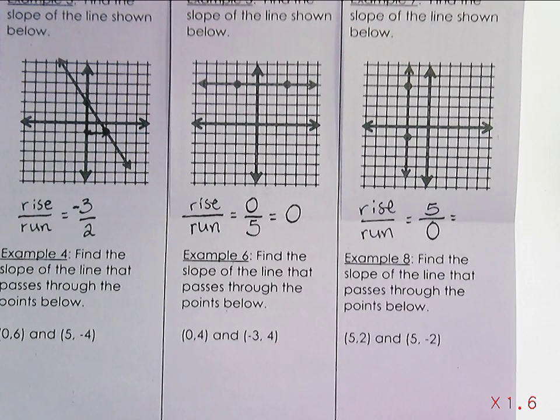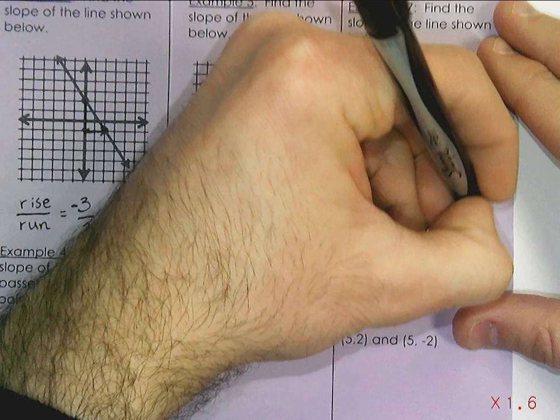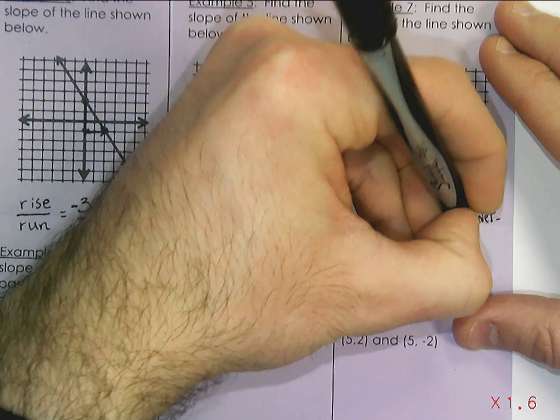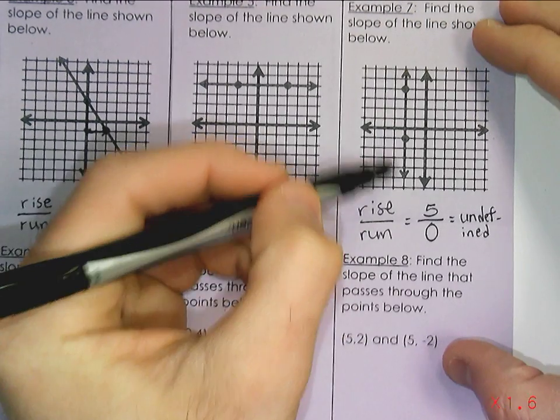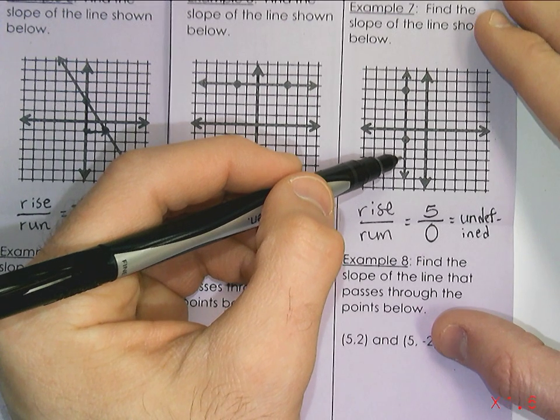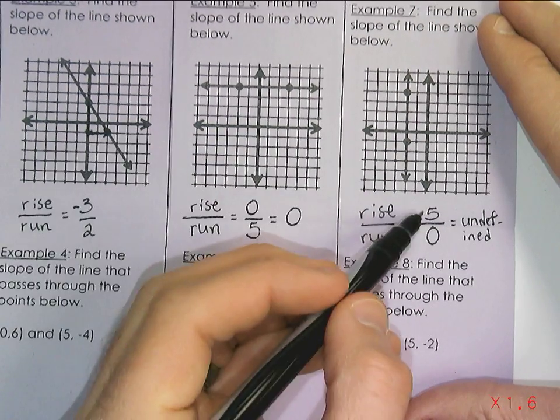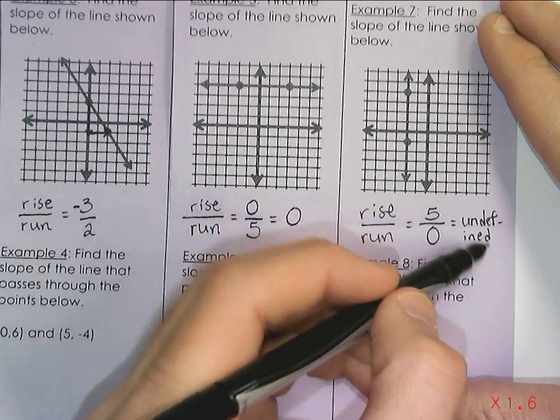It's a divided by 0 error, but in this case, this would make an undefined line. One way to think about this is, if I were to walk up to a wall, could I just start walking up it? Well, the answer is no. So 5 over 0 in this case, and that's undefined.